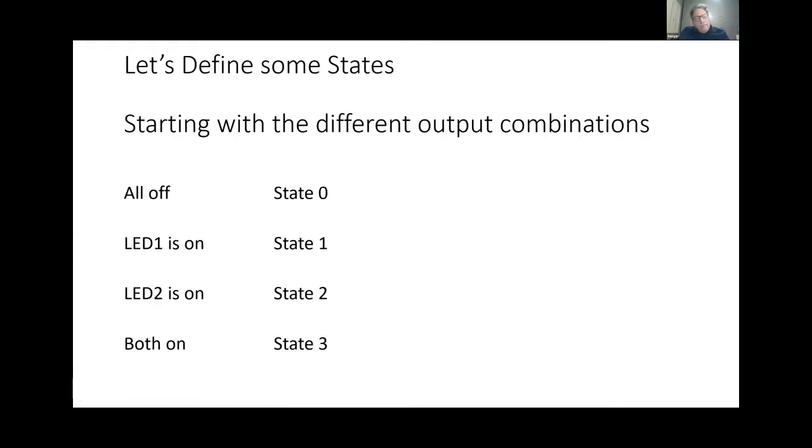The concept of a state machine is you start looking at, say, your inputs or your outputs, and define for each combination a state. So I'm saying both of them off is state 0, LED 1 on is state 1, LED 2 on is state 2. And I'm also saying, this was not in the specification, they're both on. That's not something I want to happen, but I'm saying that's state 3. Since there are 2 variables, it gives you 4 different states.